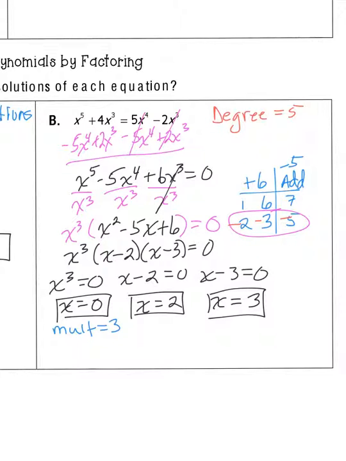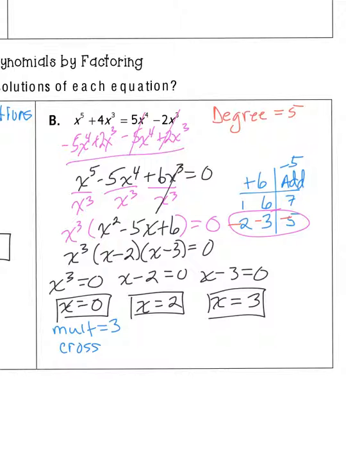And so since the multiplicity is 3, from what we talked about in one of our previous lessons the other day, since this is an odd number, it will be crossing the x-axis. So I expect at 0 that my graph will actually cross the x-axis there.